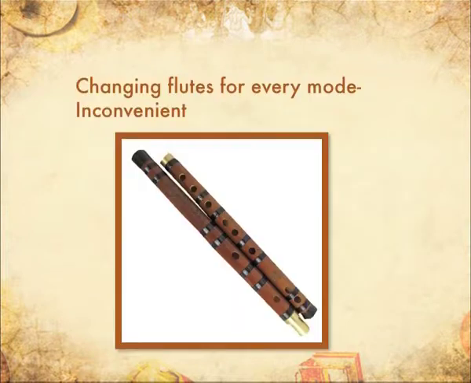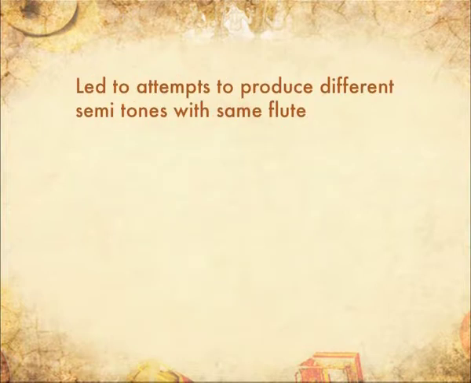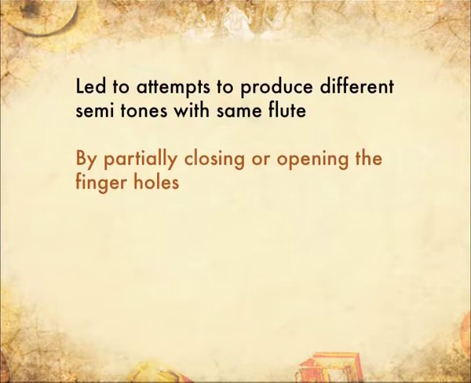Stage 4. It was found inconvenient to change flutes for every mode. In order to overcome this difficulty, attempts were made to produce different semitones with the same flute by partially closing or opening the finger holes.